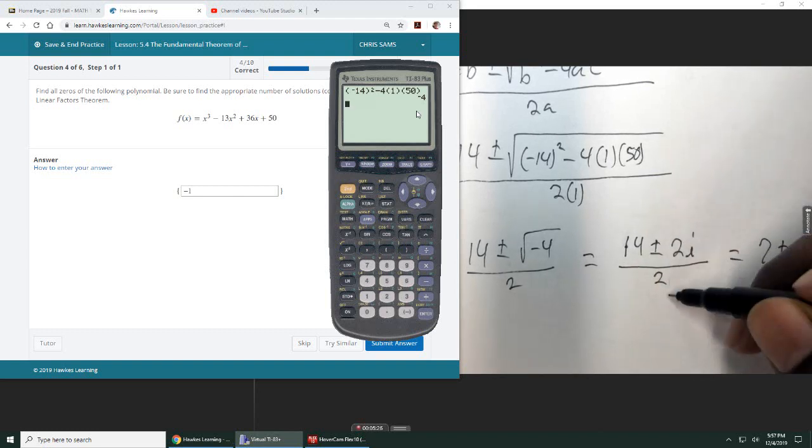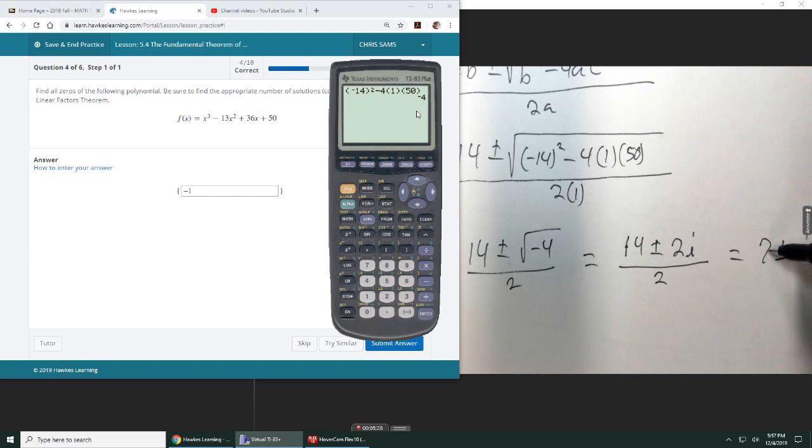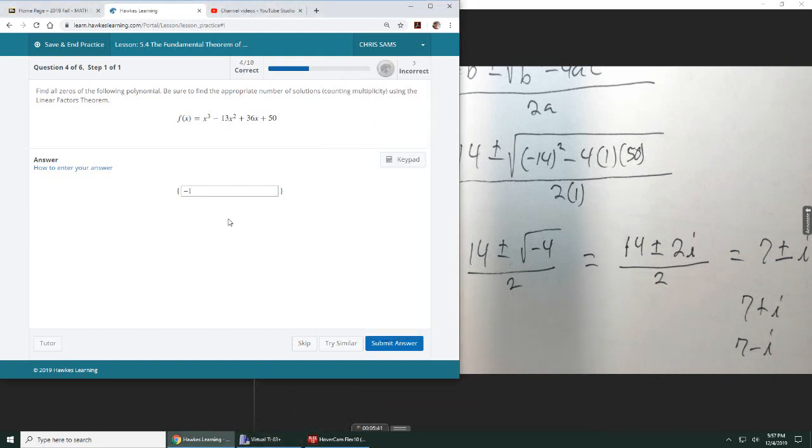Divide by 2, you get 7. Divide by 2, you just get i. So 7 plus i is a zero. And 7 minus i is the other zero. So those are the other two terms that we're going to list for our zeros. So 7 plus i, comma 7 minus i.